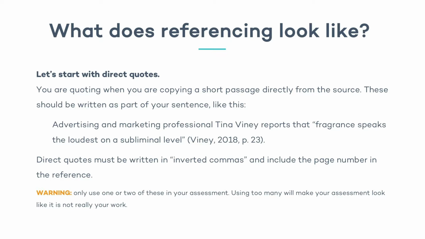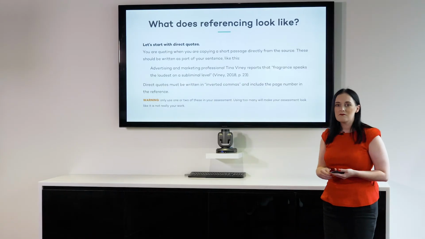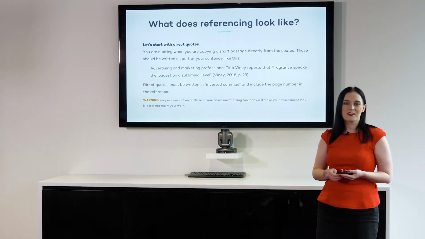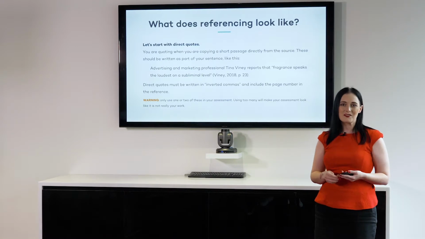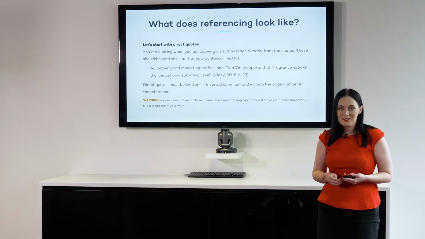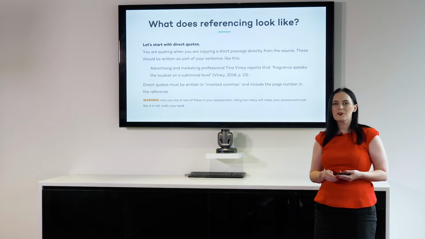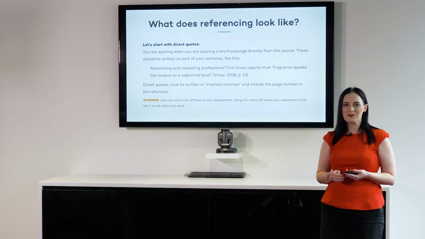And this is the information I need in my in-text reference. I just need the author's last name, the year, and the page number. I must have that for my direct quotes. Other than that, you're just writing out exactly as it says. That's why they're a bit easier to use than other kinds. But a word of warning, you cannot use too many direct quotes. There's a couple of problems with this.